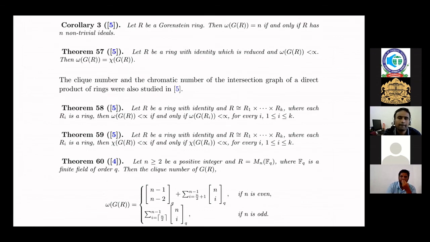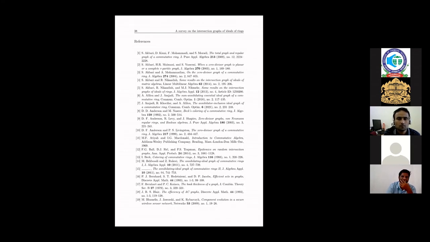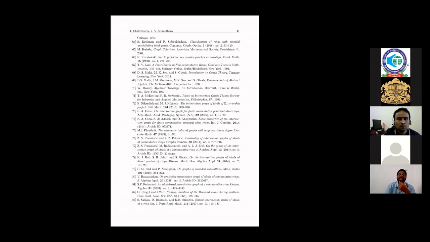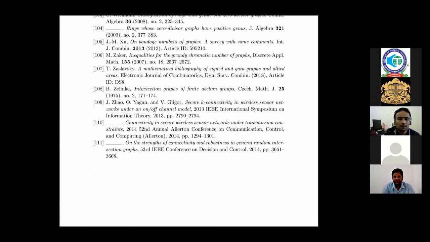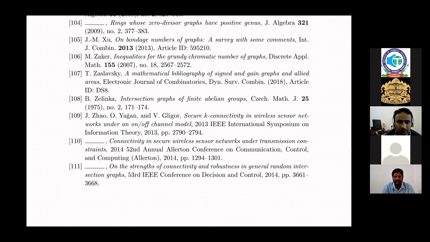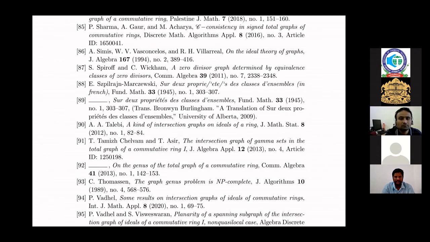In fact, if you go to the reference section, you see that there are 111 references. From these references, you see that people have studied a lot, one way from the graph theory point of view, another way from the ring theory point of view.